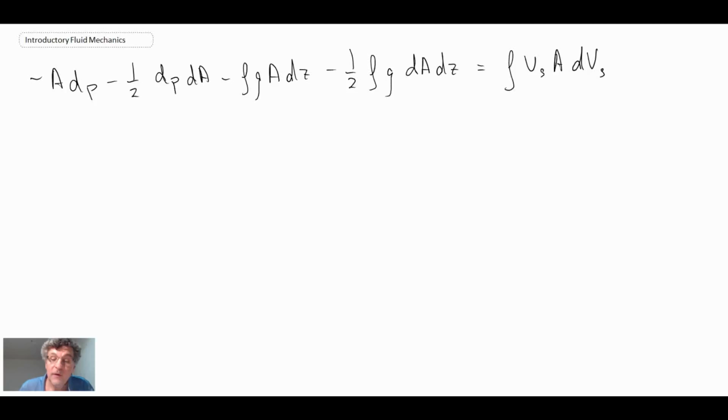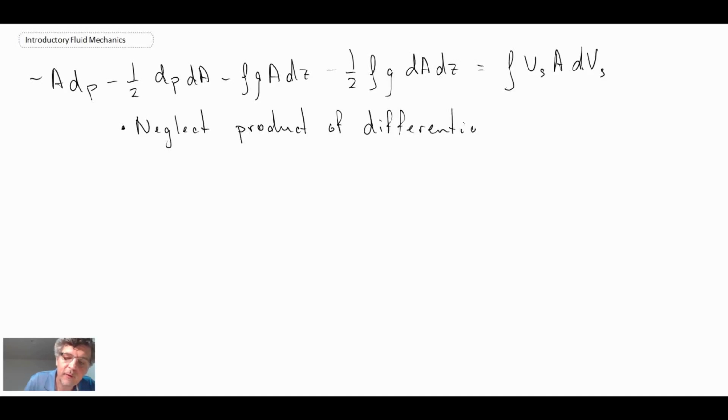Okay, so that doesn't look like a very friendly expression, but we're going to do two simplifying assumptions. The first one, we're going to neglect products of differentials, because those will be really small.